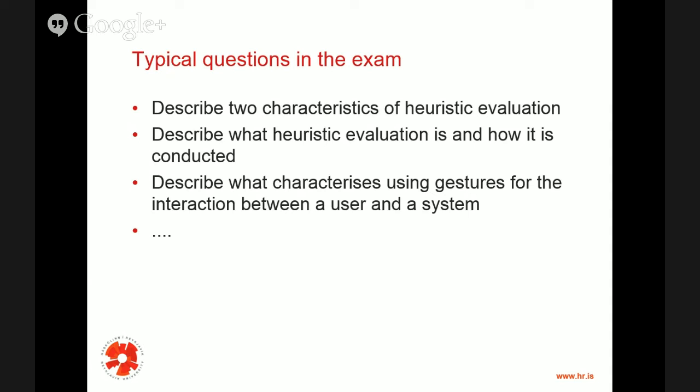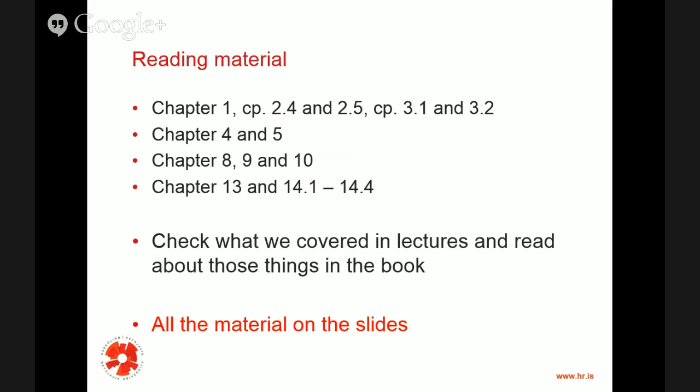But you maybe see what possible questions there could be. Okay, so what I emphasize is that you should really look at all the material on the slides. That is the red thread for the material for the written exam.